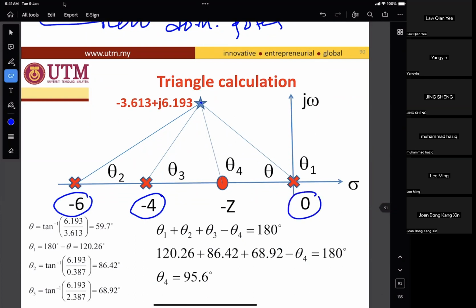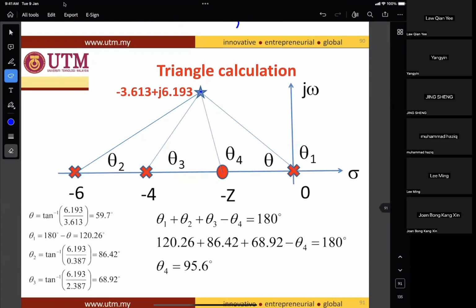And the new zero, we just put anywhere along the real axis. You can put it here, no problem. Any place will do, as long as it is located on the real axis. Understand that?